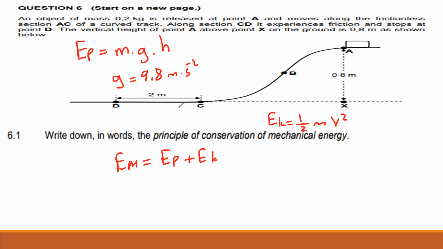So let's write our answer now for this one. Mechanical energy, we know now. But now they're asking you people, conservation of mechanical energy. Total mechanical energy remains constant in a closed system. Maybe we can just type it, conservation of mechanical energy.